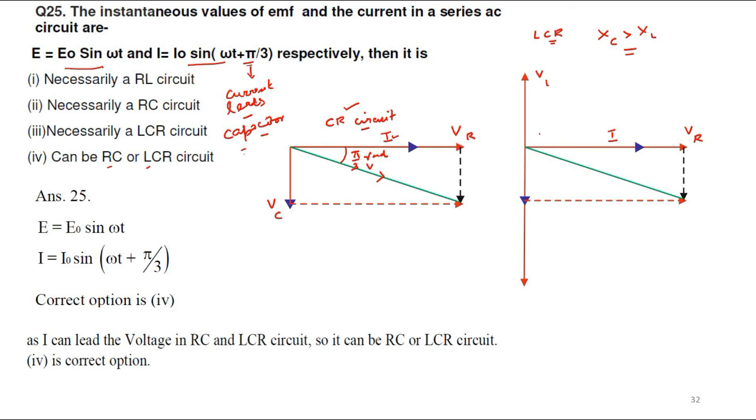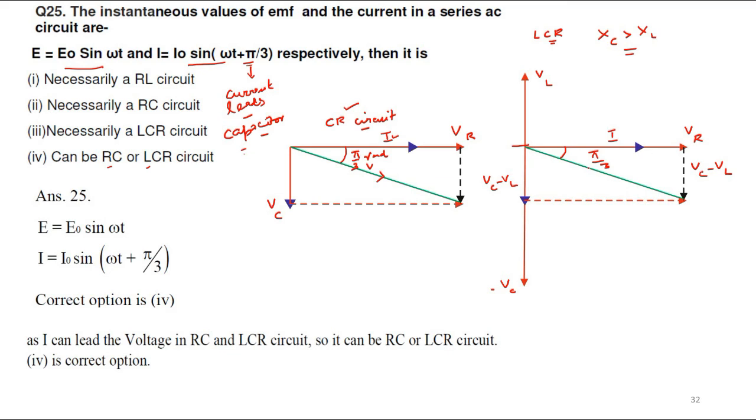This is VL, this is VC. See, VC is all the way from here to here, very long. VC is greater than VL. This will be VC minus VL. That means this one is VC minus VL. This angle is the phase angle. It can be pi by 3 also.